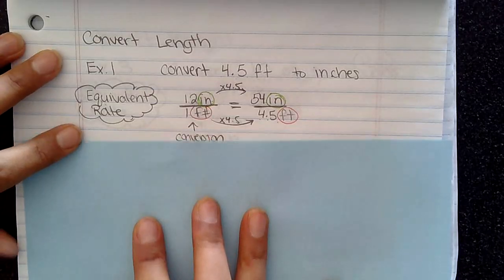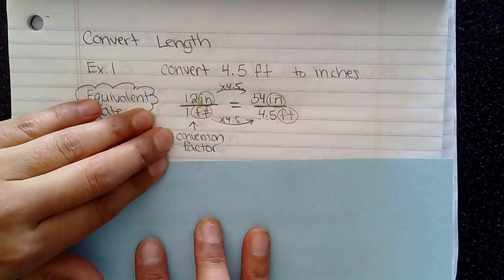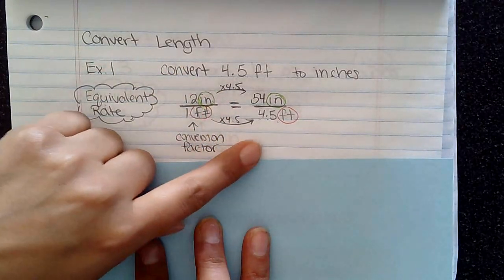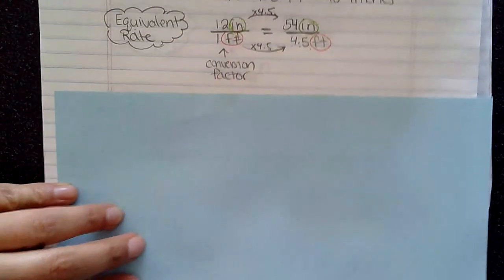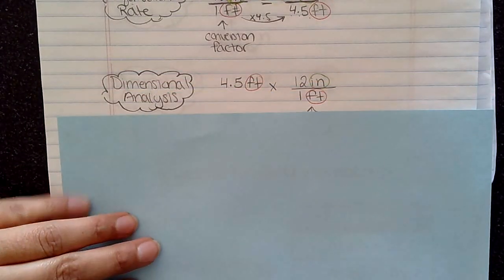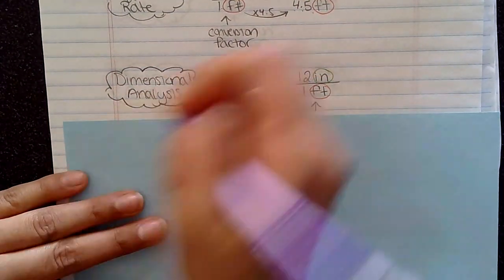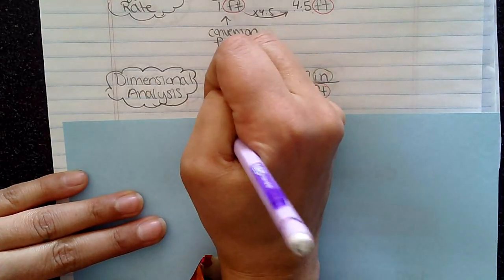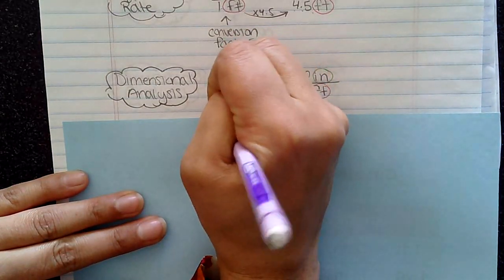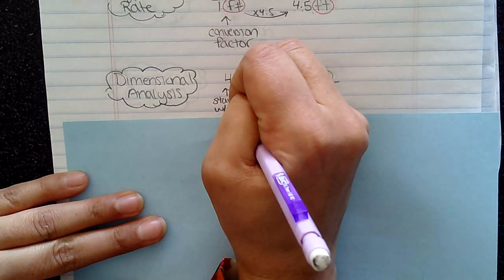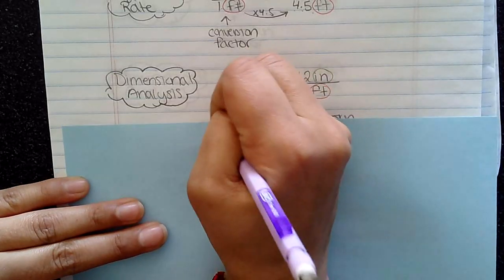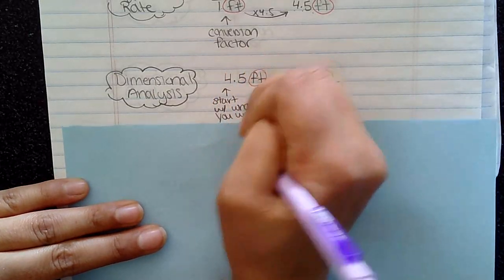Okay, now you guys are good at this, using the conversion factor and making an equivalent rate. This is something new. This is the dimensional analysis. So you're going to start with what you want to convert.